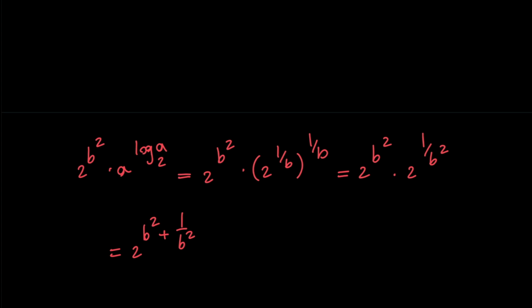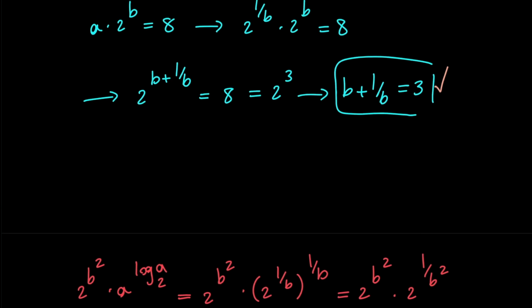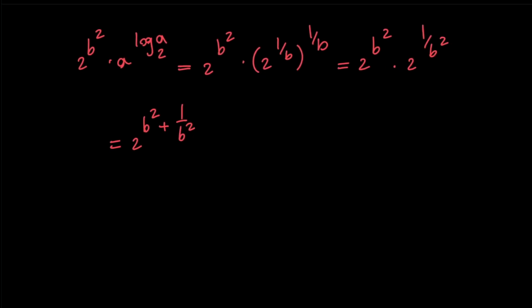And this means that in order to evaluate our expression, we need to evaluate b squared plus 1 over b squared. Now remember that we know that b plus 1 over b is equal to 3.